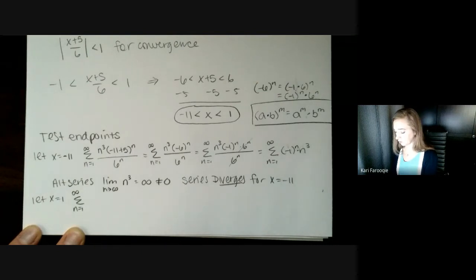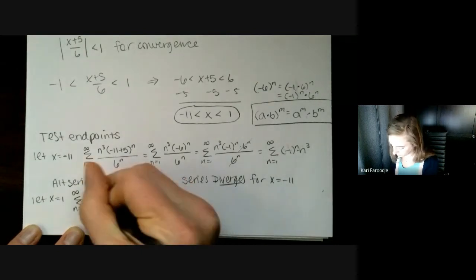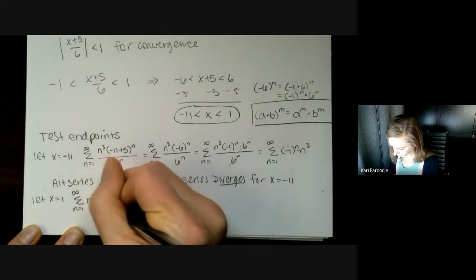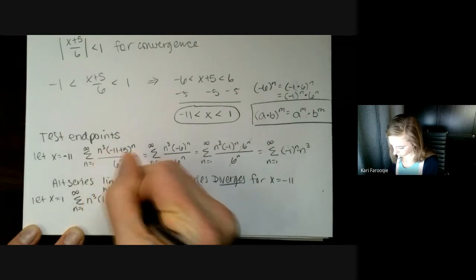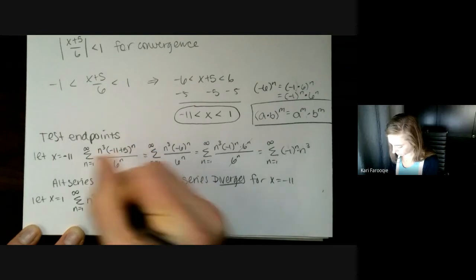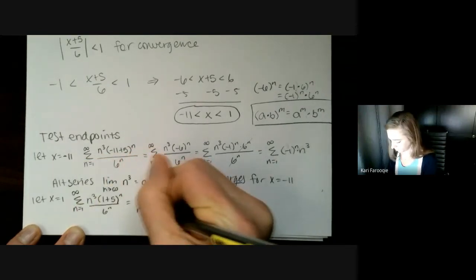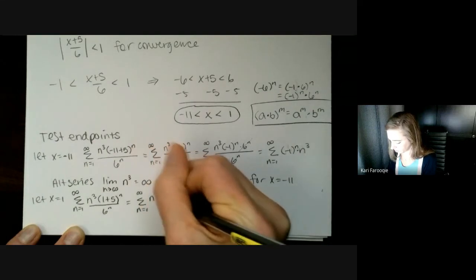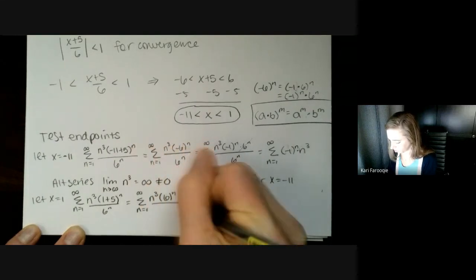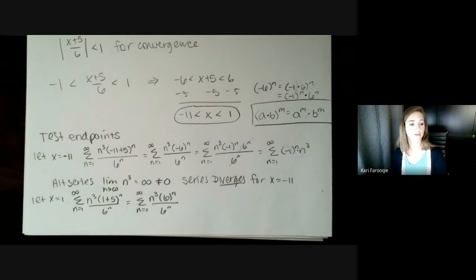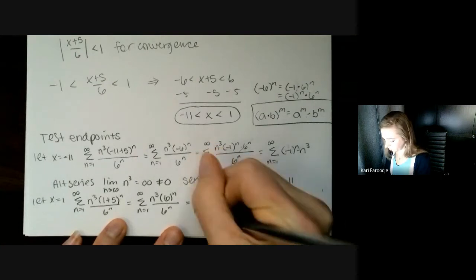So we're going to go from 1 to infinity. I'm taking my series again from our problem statement, but I'm letting x be 1 this time. So we'll have n cubed times 6 to the nth power divided by 6 to the nth power. Now these 6 to the n's will cancel.